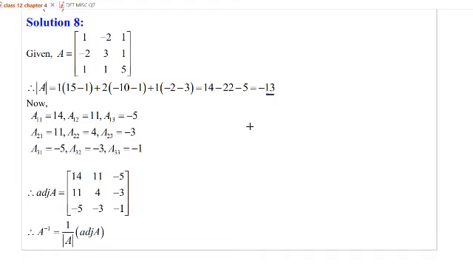Now comes cofactors. While calculating cofactors, again I'll tell you, these signs we change, right? So already here the signs have been changed. For 1, if I hide 1 by column and row, I'll get 15 minus 1, that is 14. Hiding this element by row and column, I'll get minus 10 minus 1, that is minus 11, but the sign has been changed.